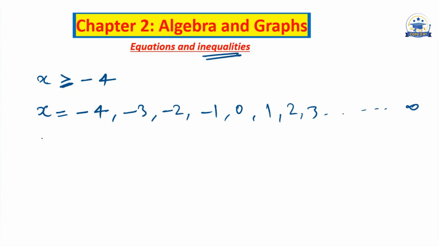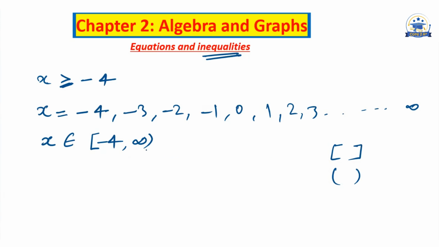And also you can write in the shorter form, x belongs to the closed interval -4, comma, infinity, open interval, right? This big bracket is called closed interval, and the small bracket is called open interval. And we never write infinity in a closed interval, okay?